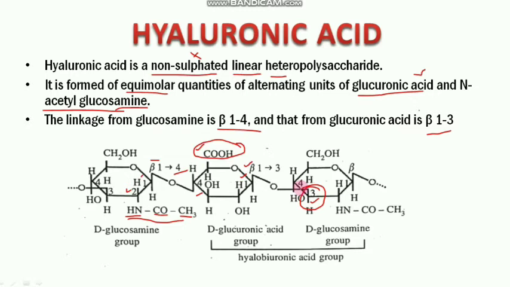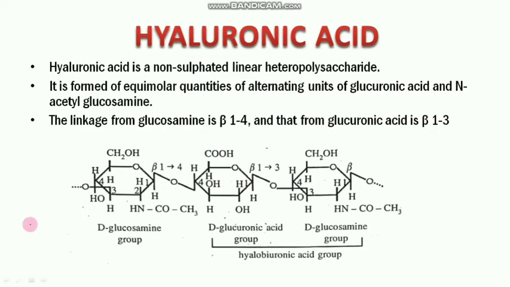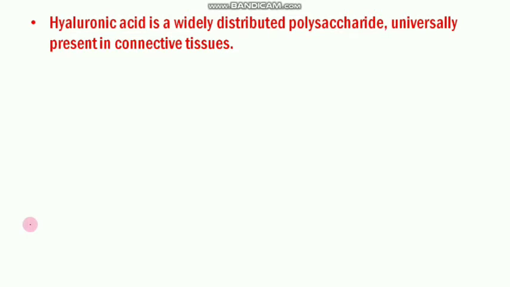Now let us see the functional properties of hyaluronic acid. Hyaluronic acid is a widely distributed polysaccharide universally present in connective tissues.